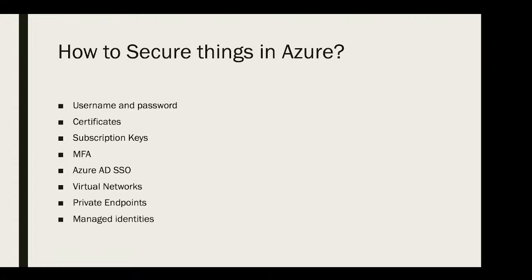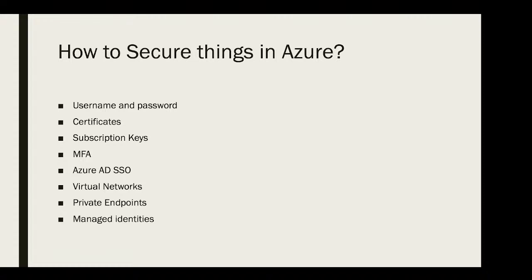And then there's Azure AD SSO, so you can create applications on Azure, app registrations on Azure AD, and then you can create registrations on Azure AD B2C, and then you can allow single sign-on, so the users do not need to keep entering their passwords or manage different passwords.